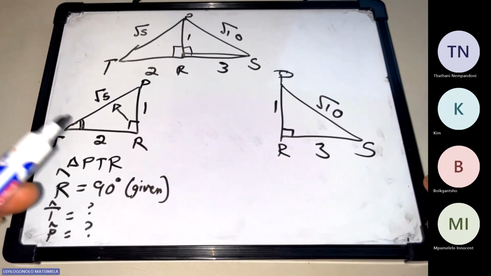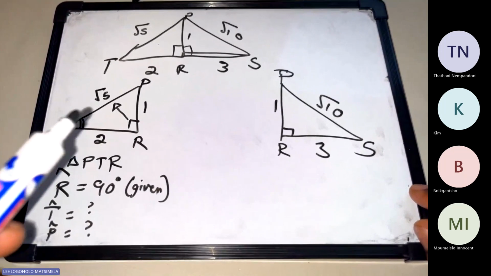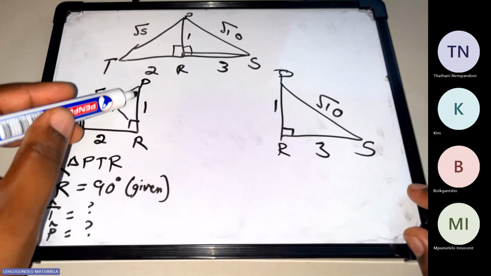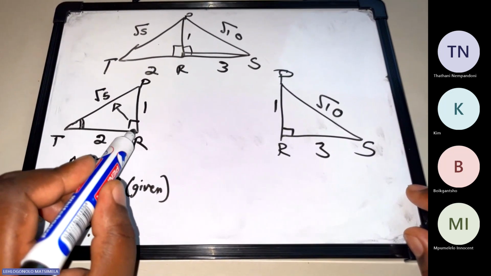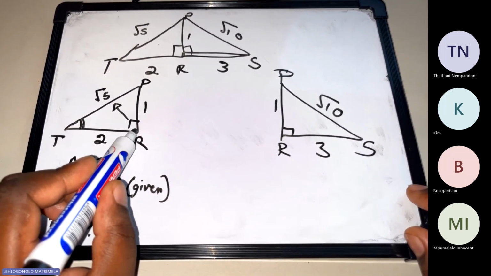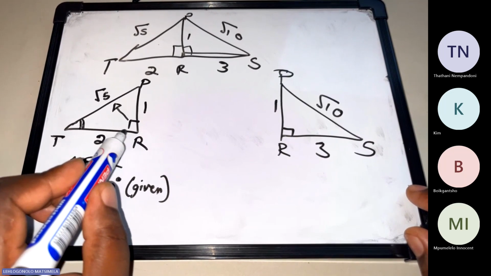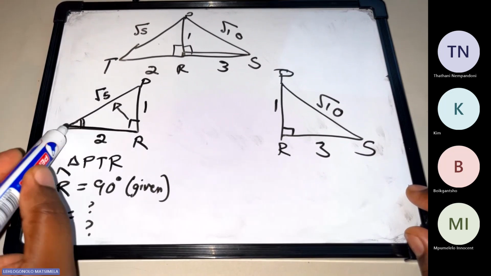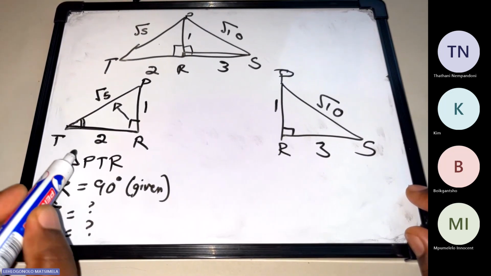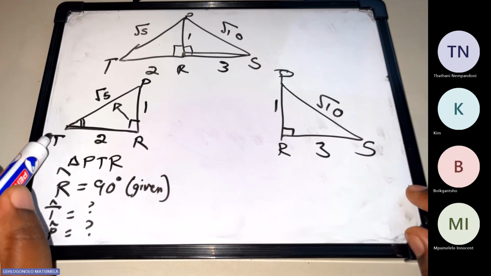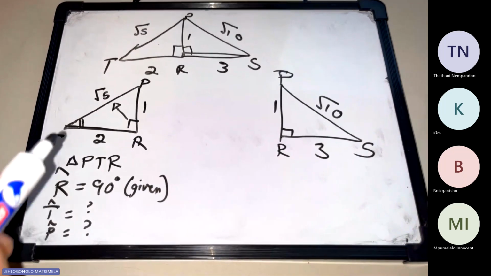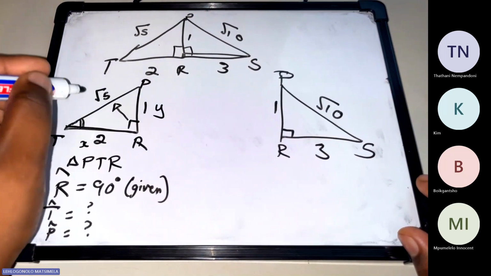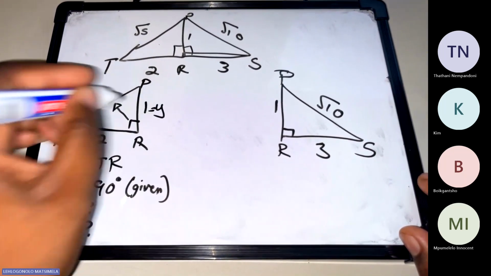Then let's figure out which of the 2 remaining sides is X and which is Y. Following one of the 2 lines from the 90 degrees to where the angle is, our X is TR. So this side is X, this side is Y, while this side is R. We are given it in that way.